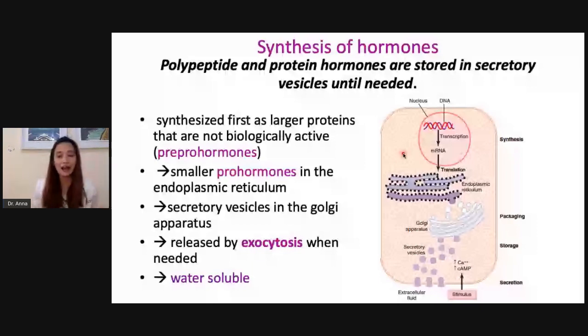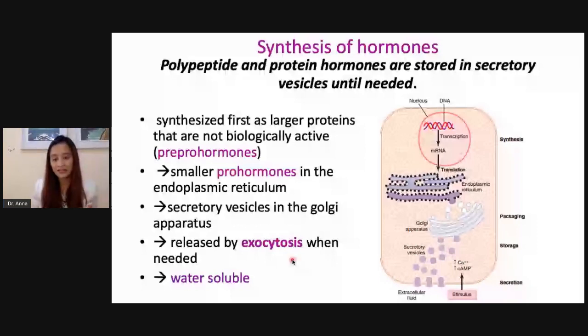Then they undergo processing in your endoplasmic reticulum, and some portions of your pre-prohormones are cleaved, making them smaller prohormones. And then they are packaged into secretory vesicles in your Golgi apparatus.